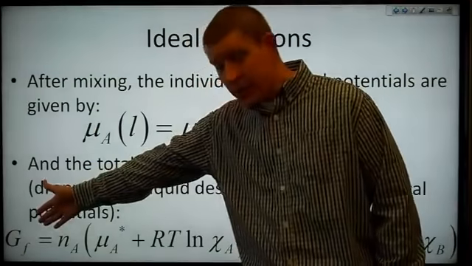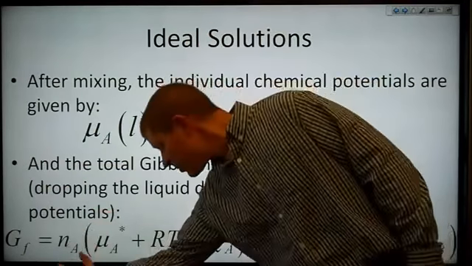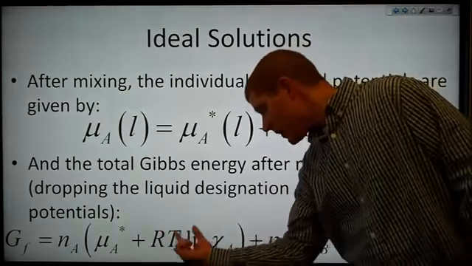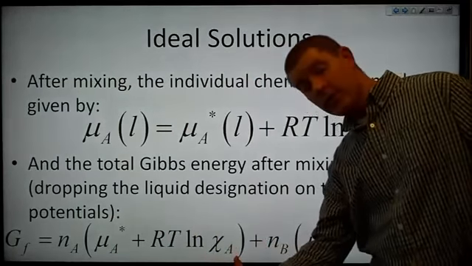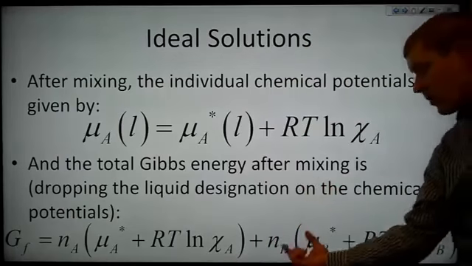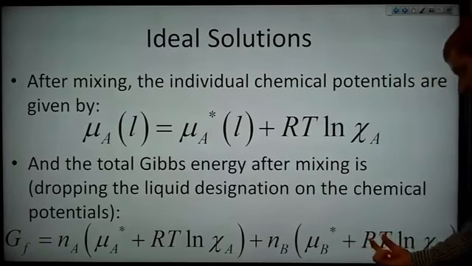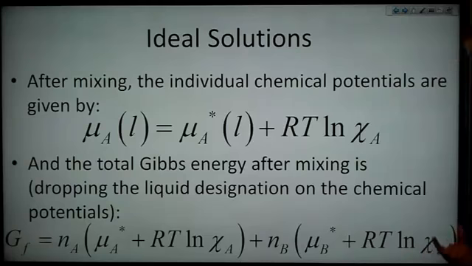So the final Gibbs energy, GF, is equal to the number of moles of A times the chemical potential of A while it's pure plus R times T times the natural log of the mole fraction of A, plus the number of moles of B times the quantity chemical potential of B while it's pure plus R times T times the natural log of the mole fraction of B.